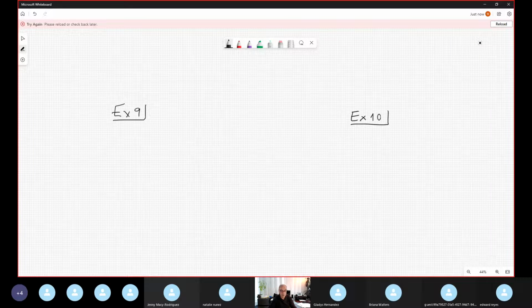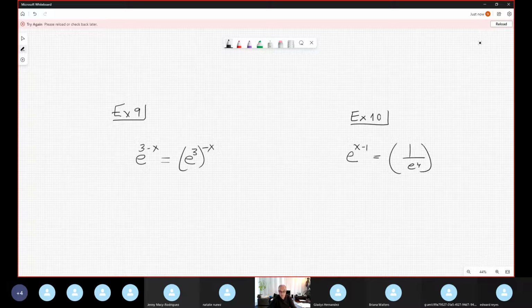Example 9 is e to the 3 minus x equals e to the third power raised to the minus x. Example 10 is e to the x minus 1 equals parentheses 1 over e to the fourth power raised to the x plus 1. In any case, my goal is to solve for x.